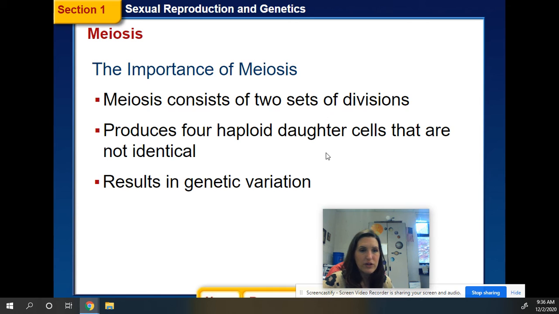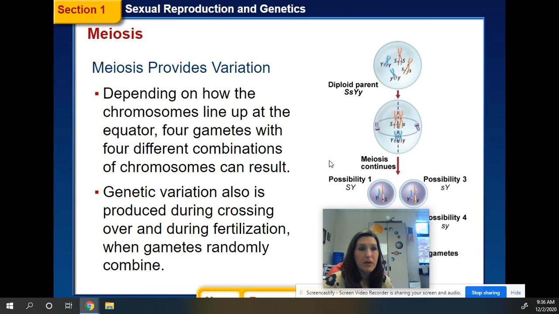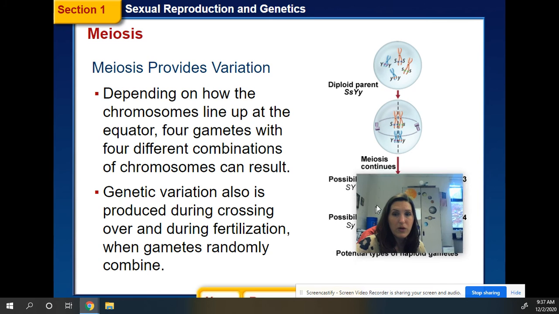All right, the importance of meiosis. Meiosis is 2 divisions. We produce 4 haploid daughter cells that are not identical to the parent. It results in genetic variation. Meiosis provides variation depending upon how chromosomes line up at the equator. 4 gametes with 4 different combinations and 4 chromosomes can result.